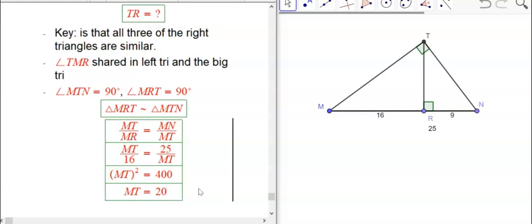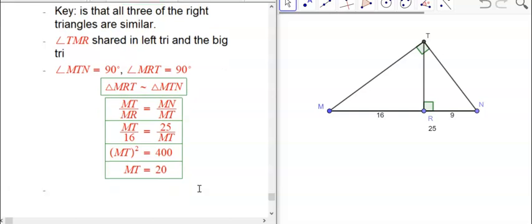Okay, very similar. We know that angle TNR is shared in the right-hand triangle and the big triangle. And they both have a right angle. They're both right triangles. TRN, of course, is the right triangle, with the right angle at R in the small right-hand triangle.